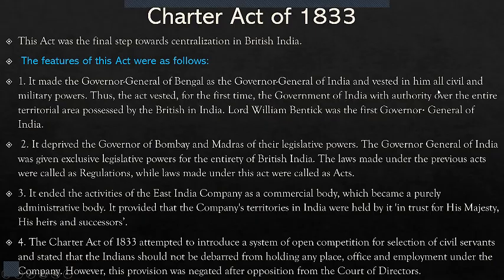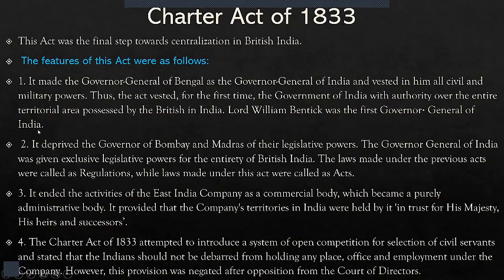And it vested in him all civil and military powers. So now the Governor General of India had all the civil and military powers. Thus, the act vested for the first time the government of India with authority over the entire territorial area possessed by the British in India. Lord William Bentinck was the first Governor General of India.